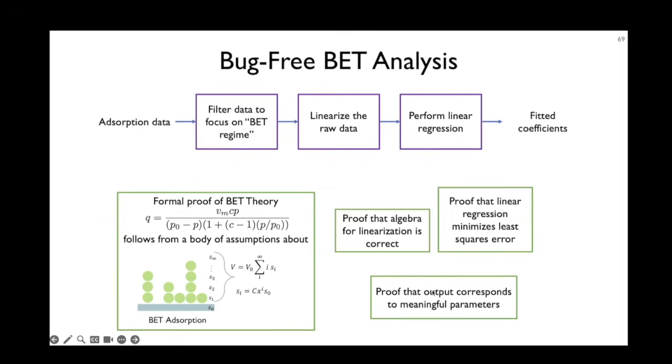And then finally, we could have a proof that the output, the fitted coefficients that come from my software, corresponds to the meaningful parameters that ties all the way back into the body of assumptions about my theory. And this is all stuff that we can do in Lean. And Lean is going to rigorously tie every single little one of these things together by having proofs about all of these things, using the same objects, and all of that.